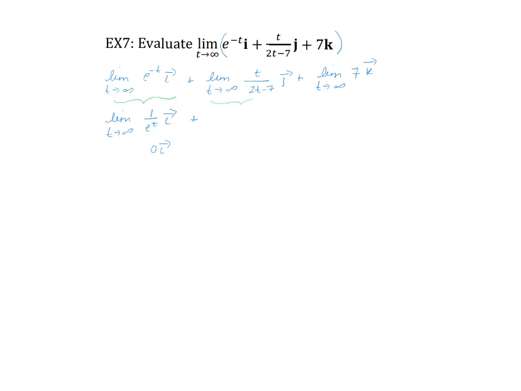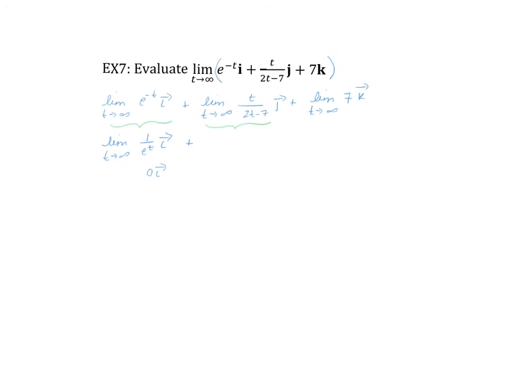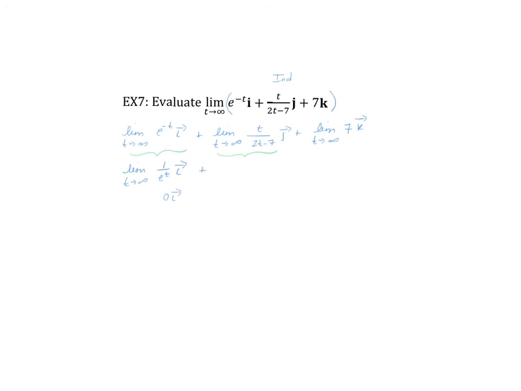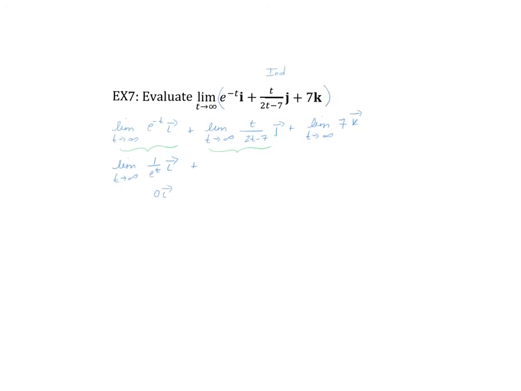As t goes to infinity here, we get infinity over infinity. So remember, we have these indeterminate forms that we have to be careful about. Indeterminate means we cannot determine the limit. We have to do something more.